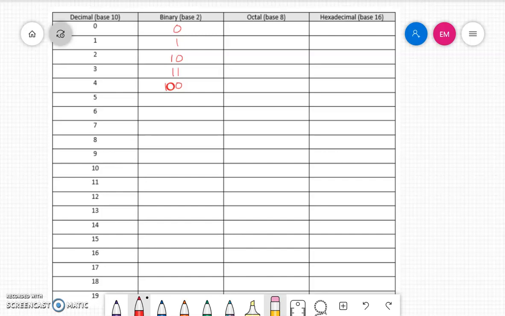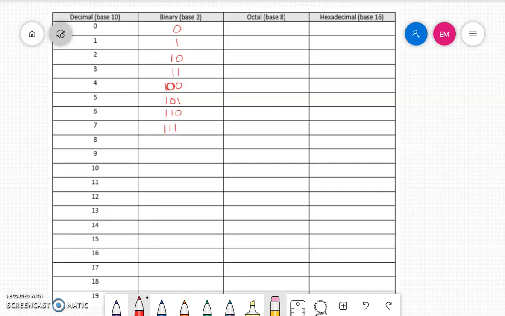Then the next one would be 1, 0, 1. We've run out of ciphers here, so it's going to be 1, 1, 0. Then it's going to be 1, 1, 1. And again, notice how we've run out of ciphers to use. We've incremented everything to the maximum.